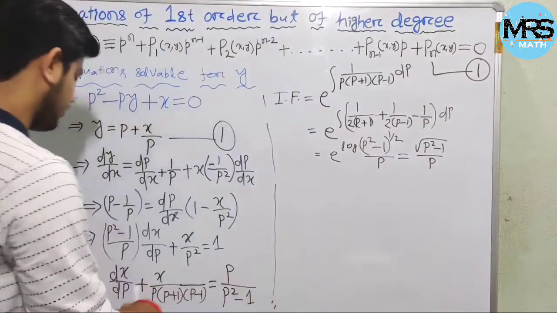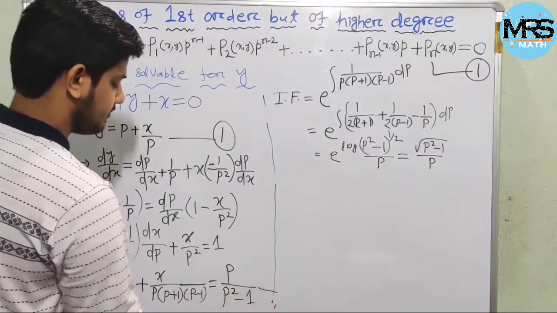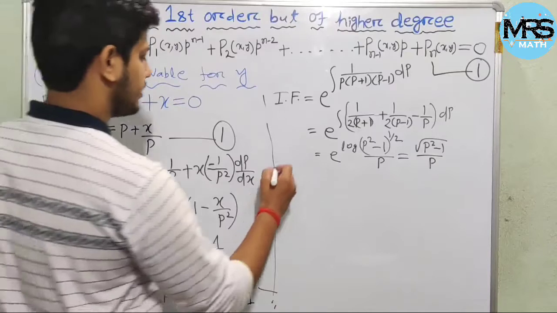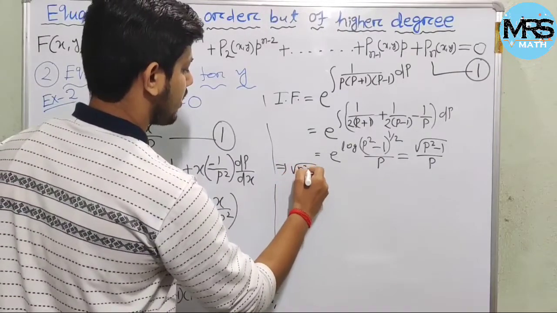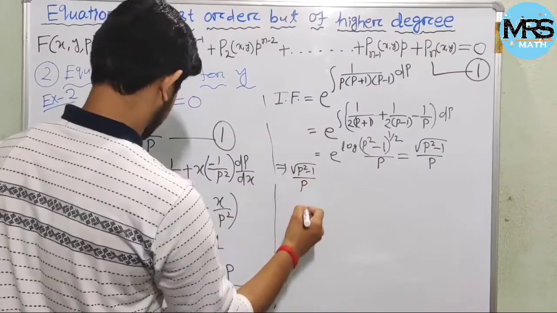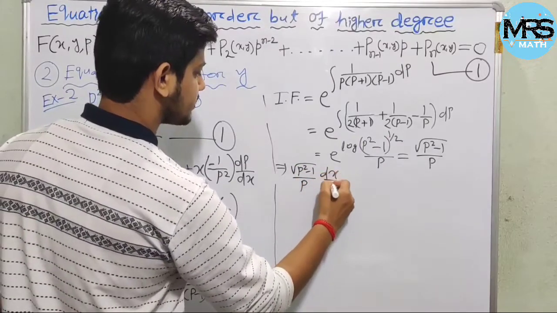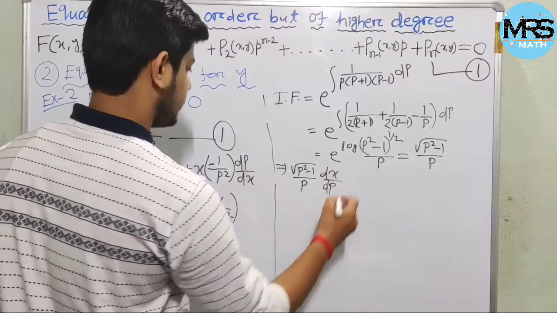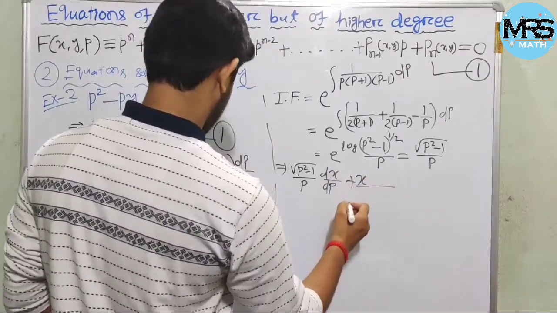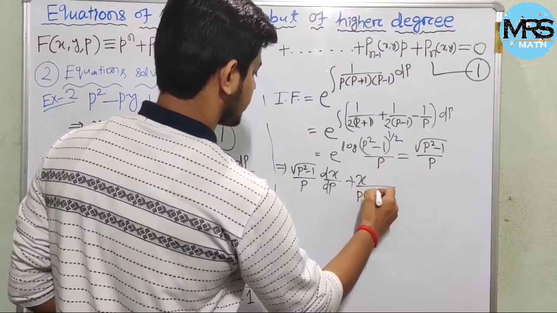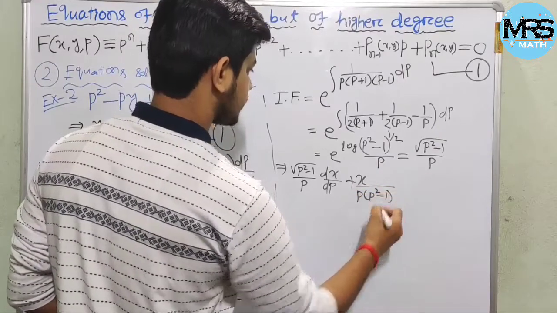So this one we have to multiply here in both the sides. Then what you will get is p square minus 1 divided by p into dx by dp, plus x into 1 by p into p square minus 1.